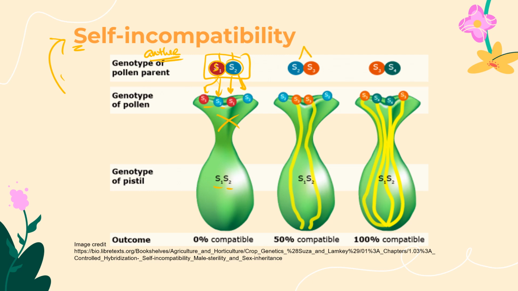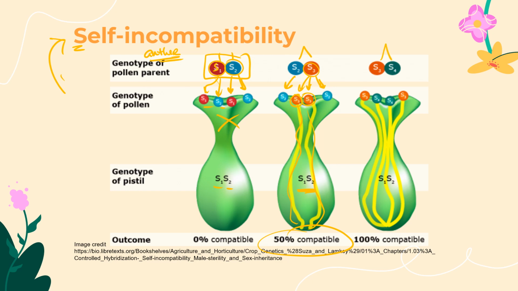If the alleles in that parent anther cell produce some pollen grains that are S2 and S3, so now I have a different allele here than I have in the plant that these pollen grains land upon, then the not matching pollen grain alleles are able to grow those pollen tubes, and we do have a little bit of fertilization occurring, partially compatible.